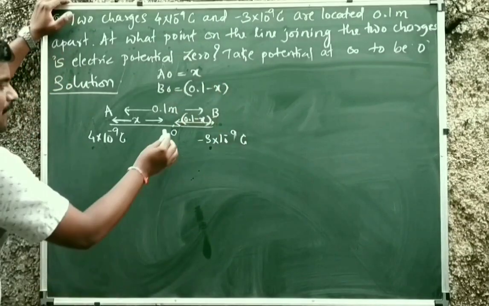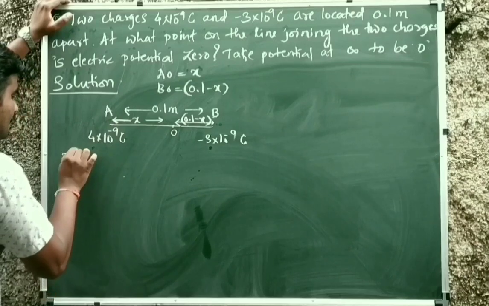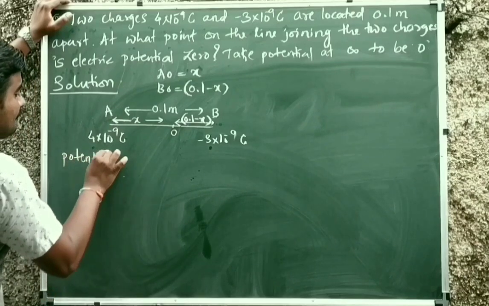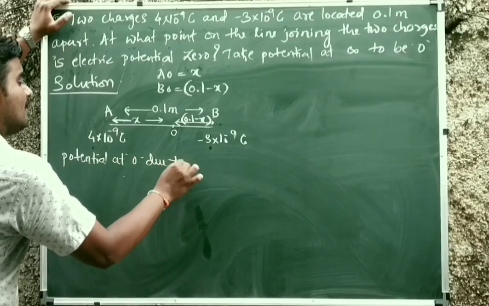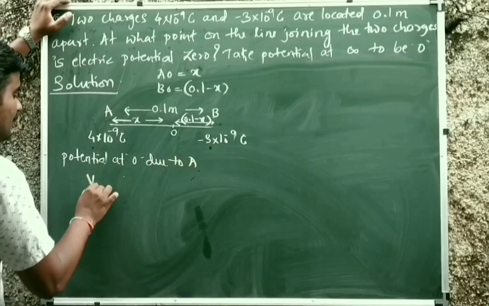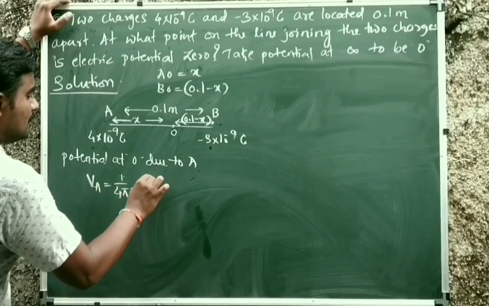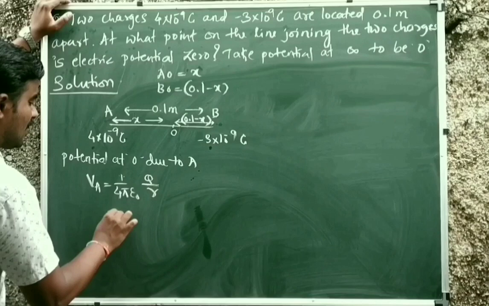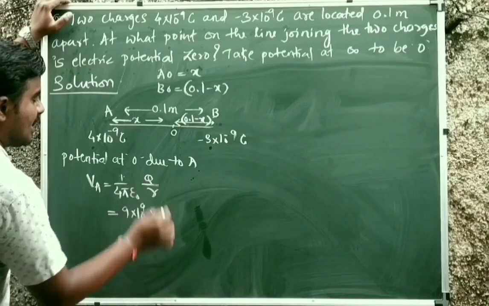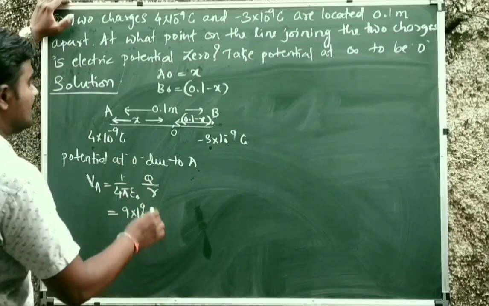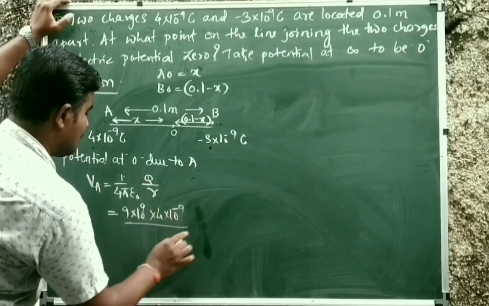First we shall calculate potential at O due to A charge. Potential at O due to A, that is VA, is equal to 1 divided by 4 pi epsilon naught Q divided by R. This is the formula, and 1 by 4 pi epsilon naught is 9 into 10 to the power 9, and Q value is 4 into 10 to the power minus 9 divided by R distance.